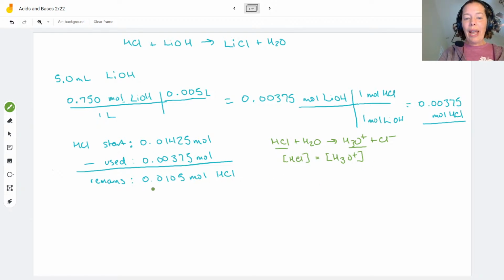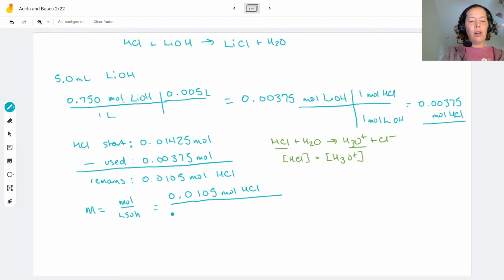Okay, so I have my moles of hydrochloric acid. Remember, molarity equals moles over liters of solution. So let's plug in what we know. We know our moles, it's right here, 0.0105 moles of HCl. Now we need to put this over our liters of solution. This is a little bit tricky, so just be aware.